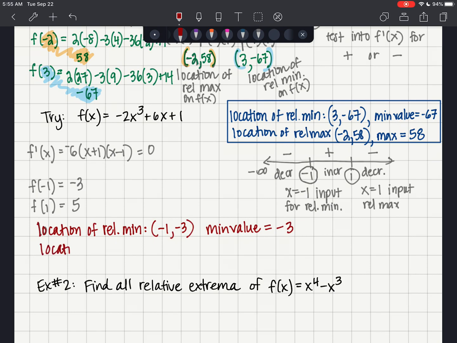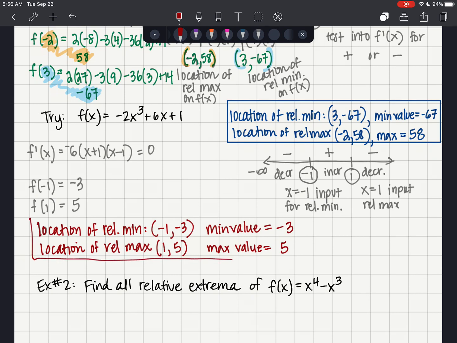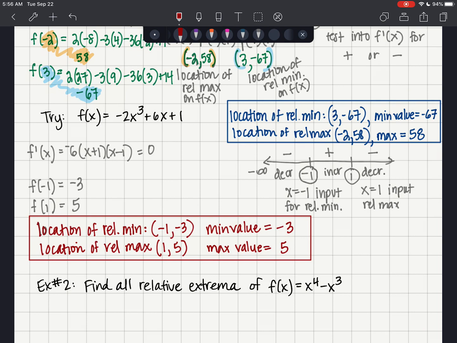The location of the relative max is 1, 5, and that max value is equal to 5. Now that's how I would write the answer to show that I know really what each part of the ordered pair means.